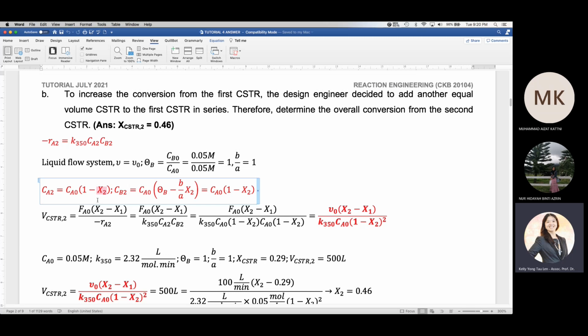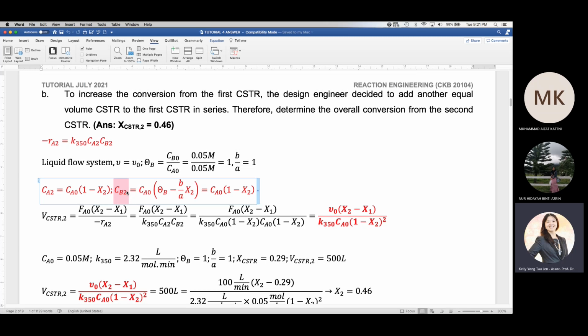Kalau CA sama dengan CA0 in bracket 1 minus X, kalau saya nak cakap mengenai concentration in my second reactor, CA2 sama dengan CA0 in bracket 1 minus X2. So, same concept untuk CB2. Kalau kamu tengok chapter 3, kita dah belajar nak express concentration kalau B adalah reactant.